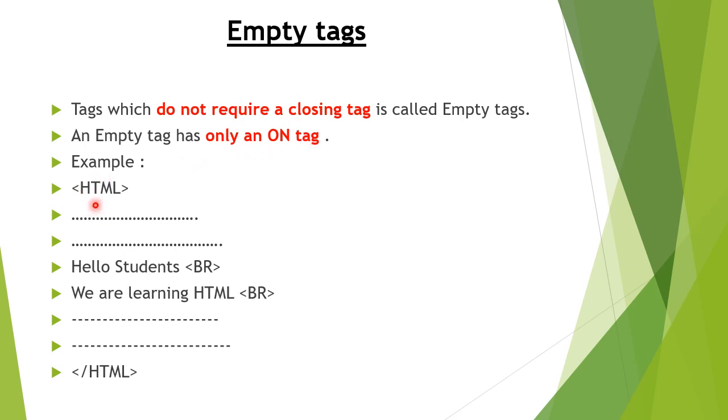For example, this is HTML. HTML is your container tag because it has starting tag as well as closing tag. But the example of empty tag is BR. BR is used to give line break, and BR has only on tag, no closing tag. You can see there is no closing tag. So how many BR tags we have used? 2 BR tags we have used for 2 breaking lines.